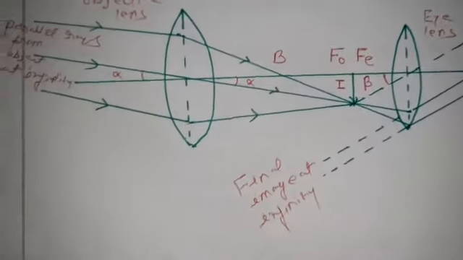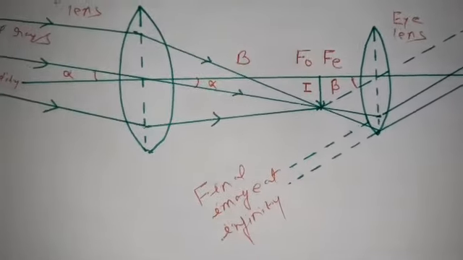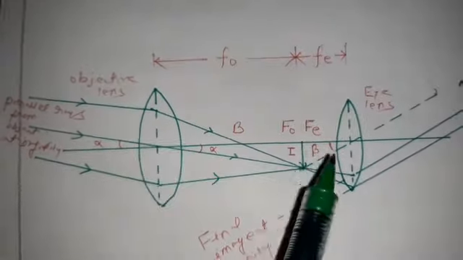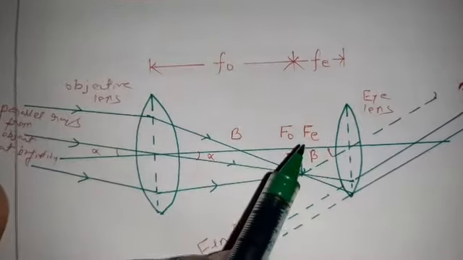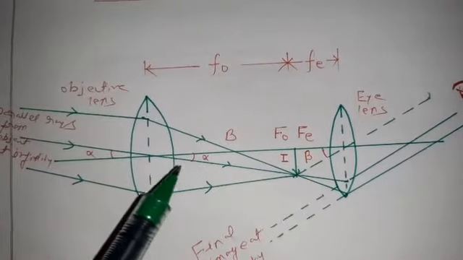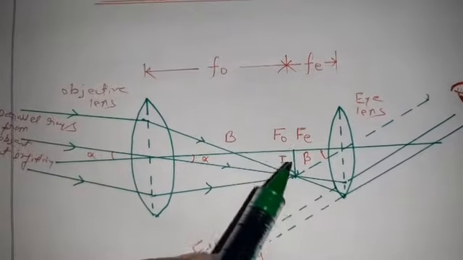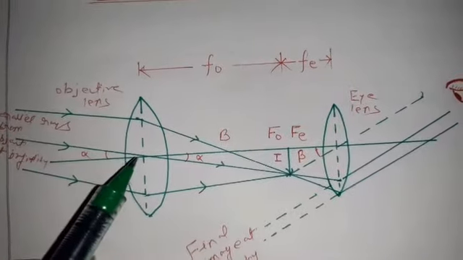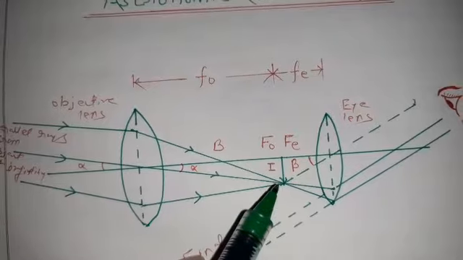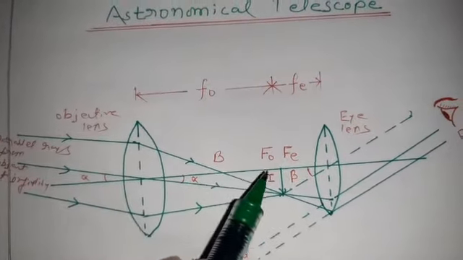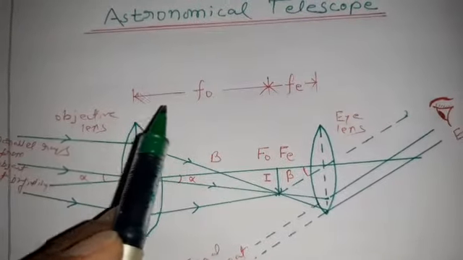Now come to the ray diagram. We have to find the value of tan alpha. So this will be your angle alpha. In this particular triangle, we can find the value of tan alpha. What is the value of tan alpha? That is perpendicular upon base. The value of your perpendicular will be I and the value of this base will be f naught.